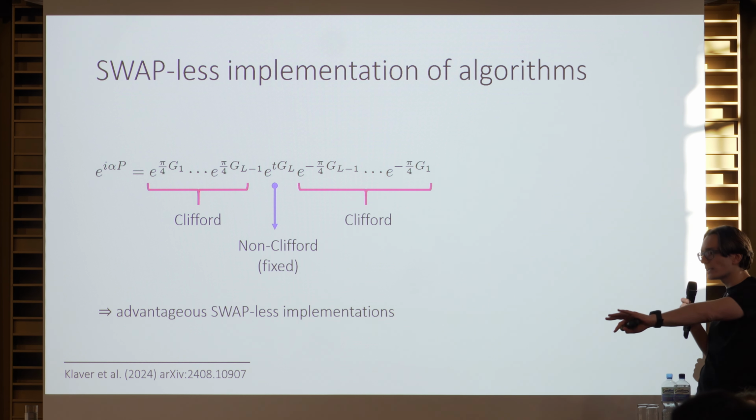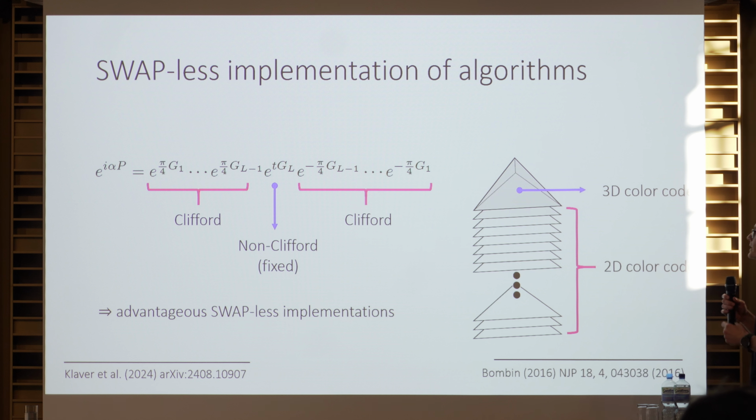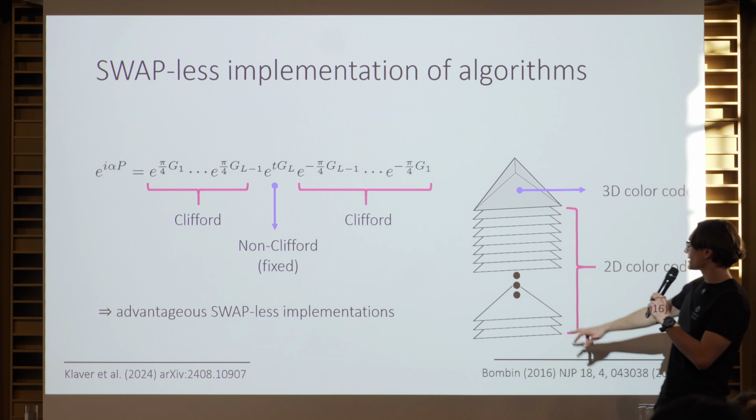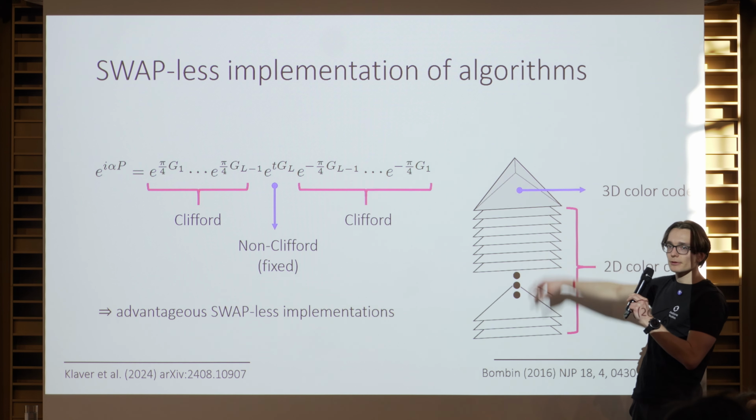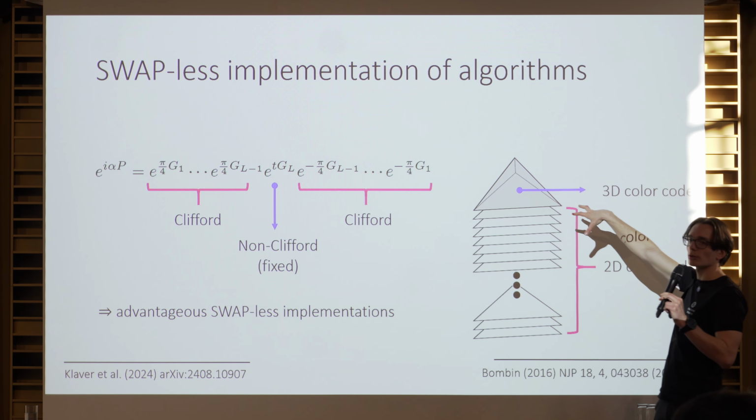And it might inspire also, this is related to the quantum cellular automata generating set. I was earlier saying this inspires a point of view in fault tolerance, which is the stacked codes construction by Bombin from 2016, where you take a bunch of color codes, which are 2D, and then you put a 3D color code on top.